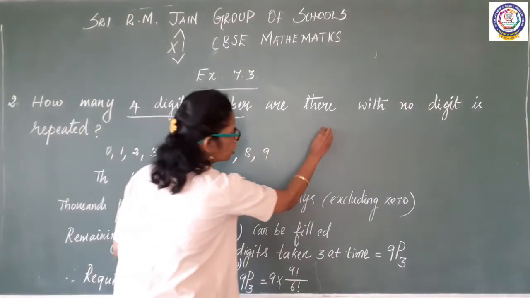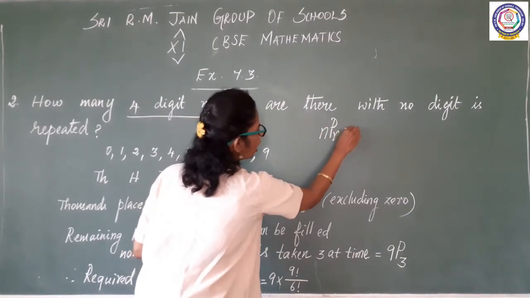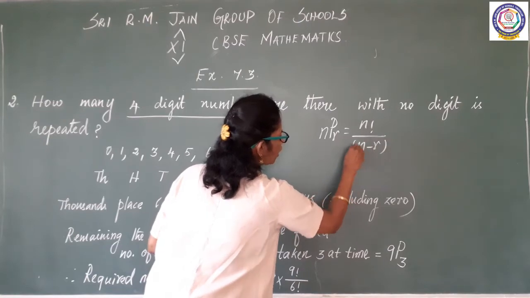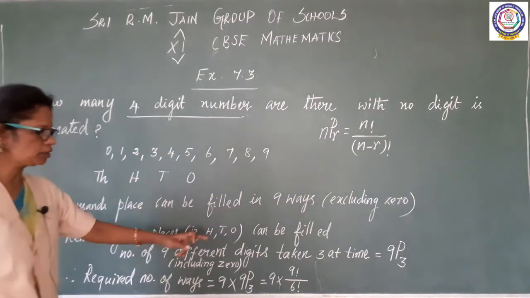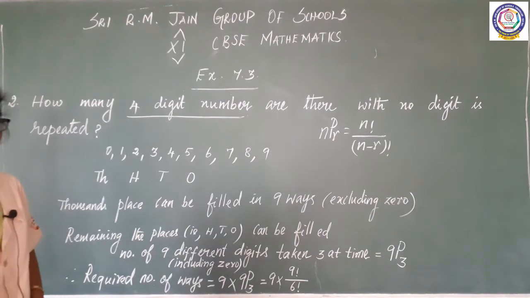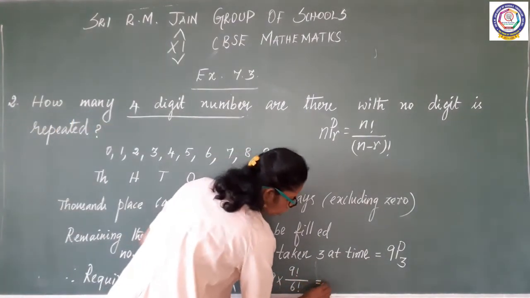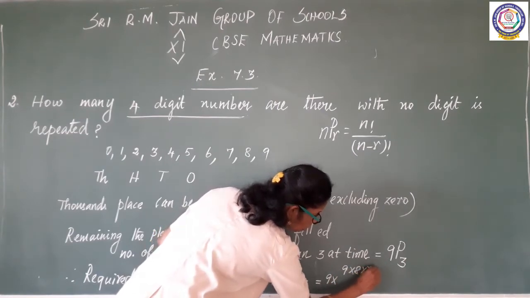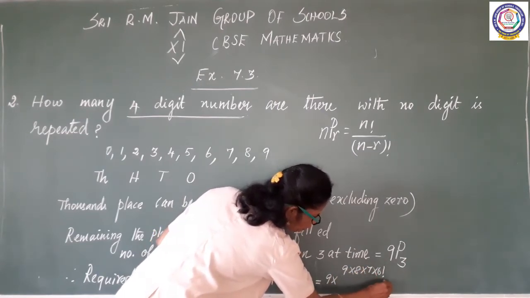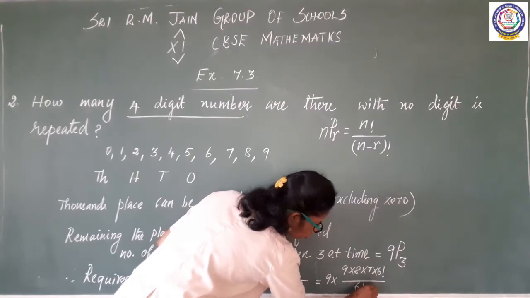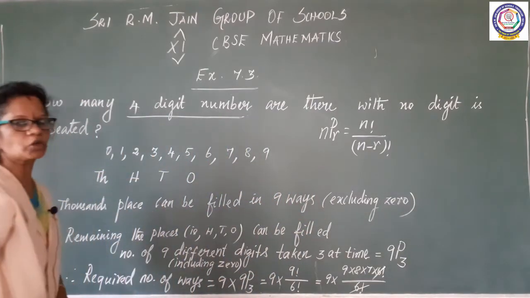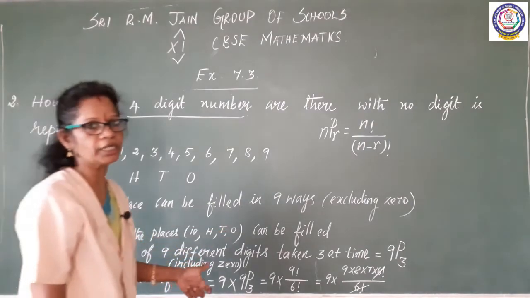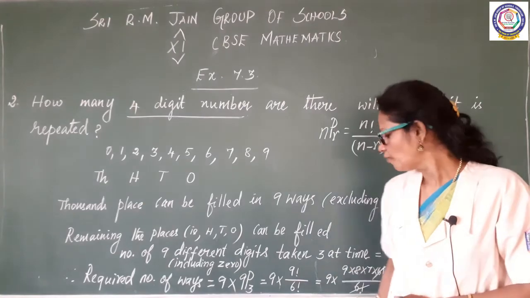That formula I have to write on the right side. nPr equal to n factorial divided by n minus r factorial. That means 9 factorial divided by 6 factorial, which is equal to 9 into 8 into 7 into 6 factorial divided by 6 factorial. 6 factorial, 6 factorial, cancel.